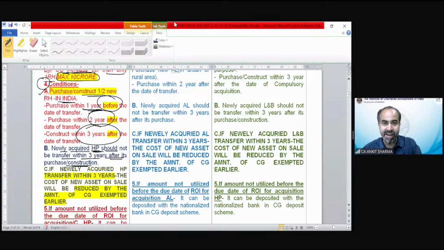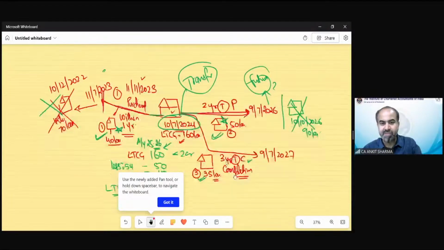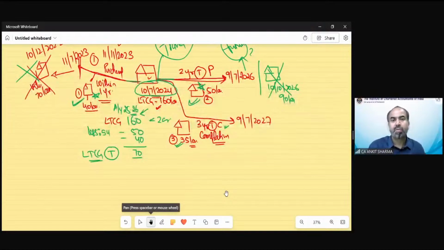What that does mean? It means, in this example, we have claimed the exemption for this property 50 lakh and this 40 lakh. Clear? For this property and for this property, we have claimed the exemption.